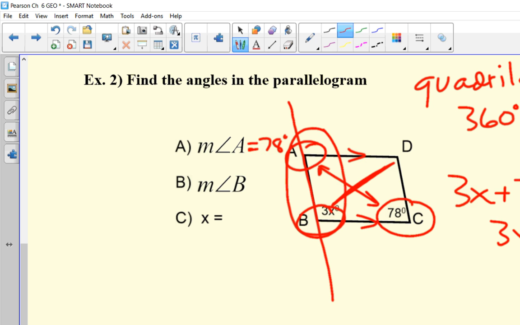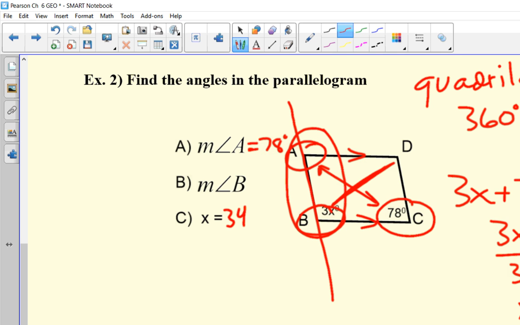So I'm going to set up that equation. A pretty important rule for us. Set up that equation, solve it for x: subtract 78 from both sides, I get that. I'm going to go ahead and divide 3x by 3 and the other side by 3, and I get 34 degrees for x, okay? So they asked me to solve for x, I get 34 degrees, sorry.